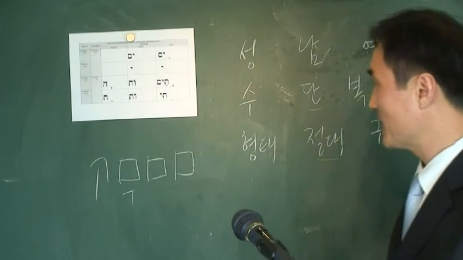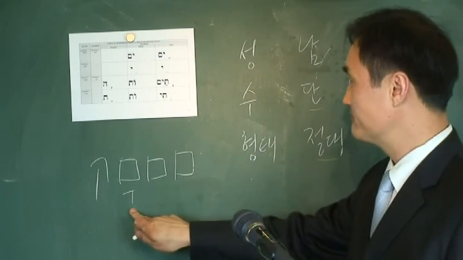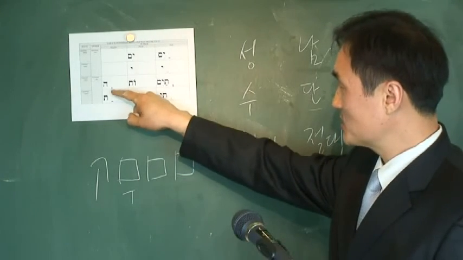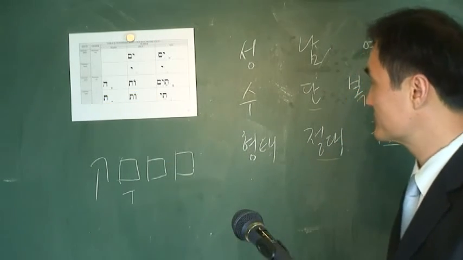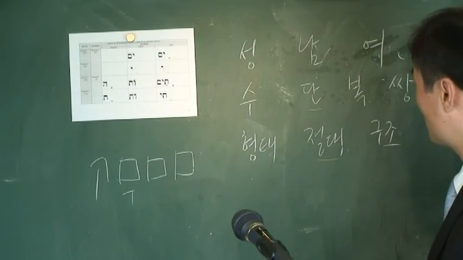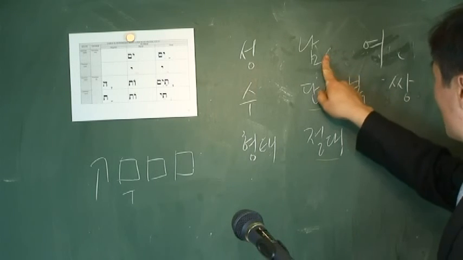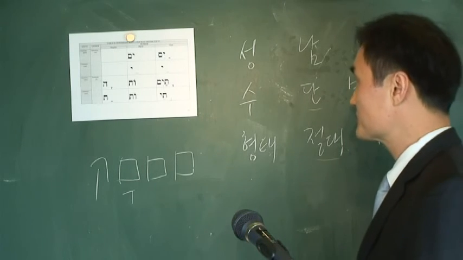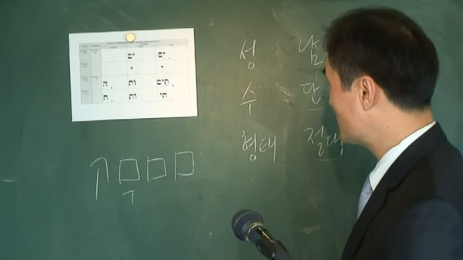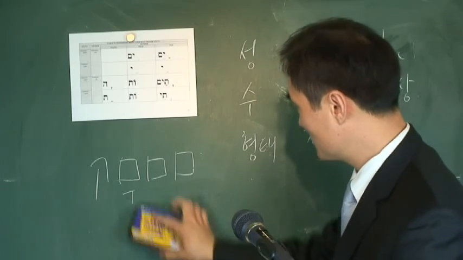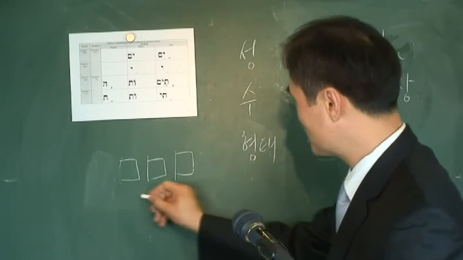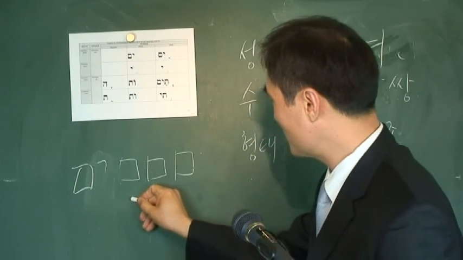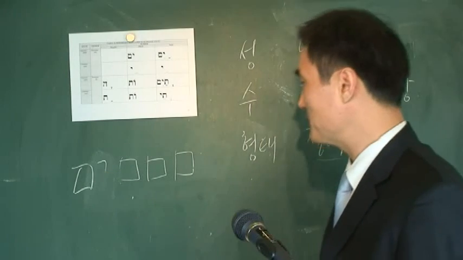First, the feminine singular absolute state. The ending a is added to the noun. Kametz, a, and he. Then the masculine plural absolute state. E is added to the word.